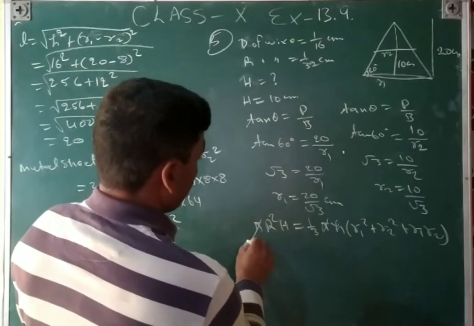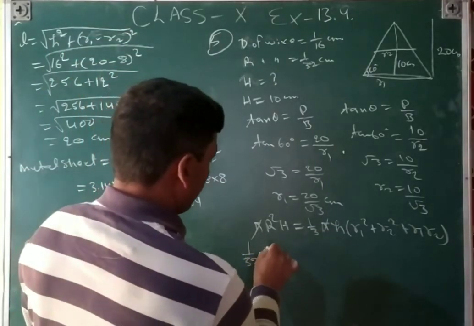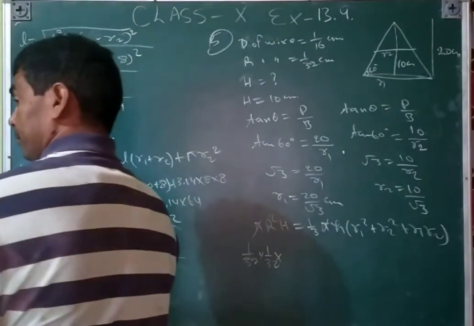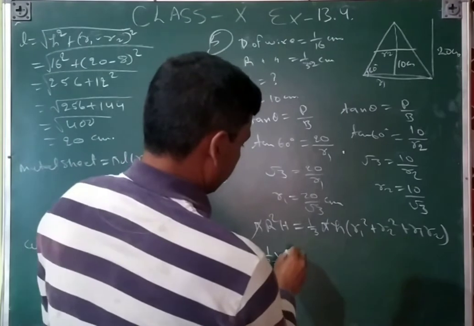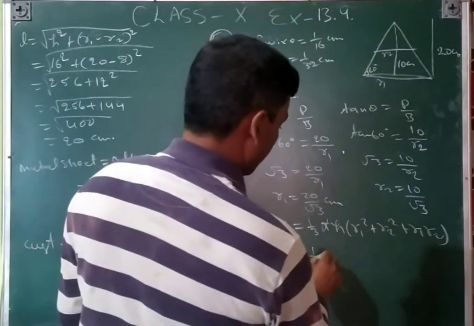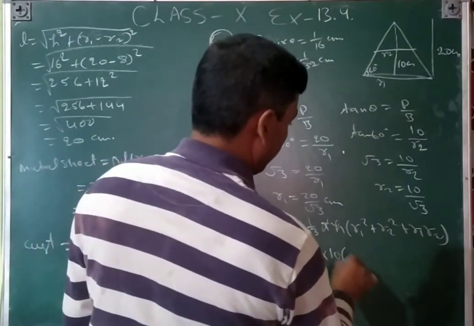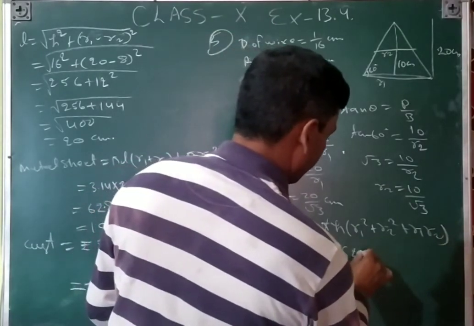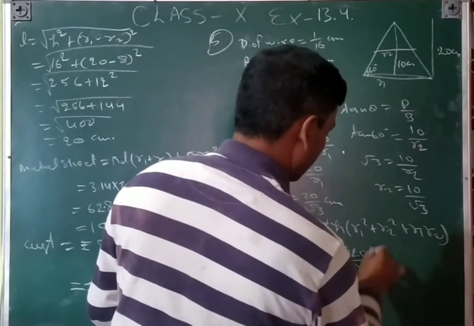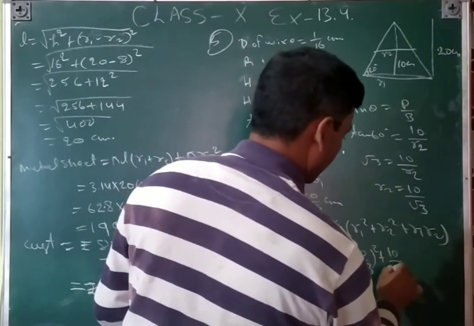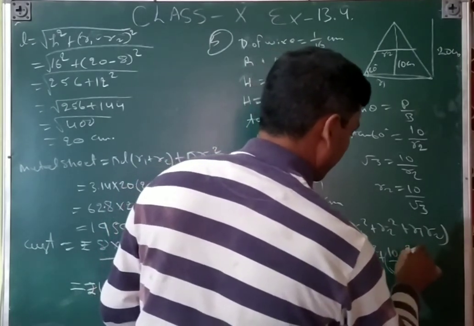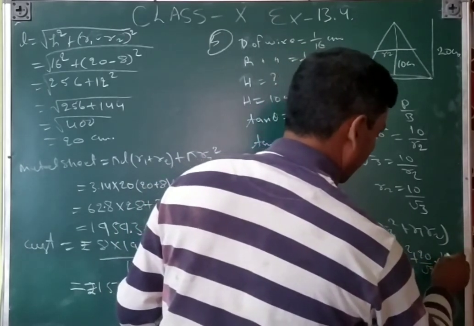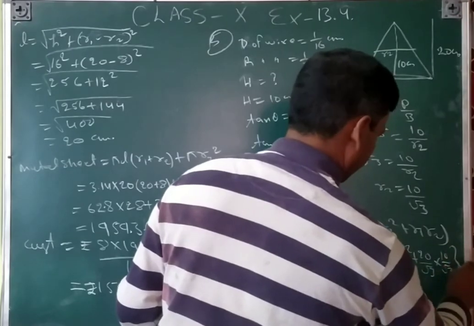So r is 1 upon 32 into 1 upon 32 into h. We need to find that h. 1 upon 3 into h is 10, R1 is (20 upon root 3) square plus (10 upon root 3) square plus 20 upon root 3 into 10 upon root 3.